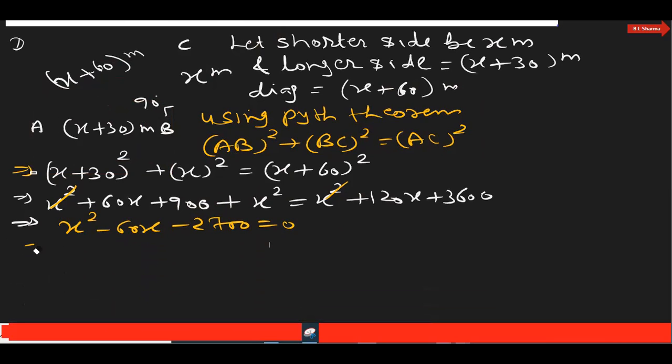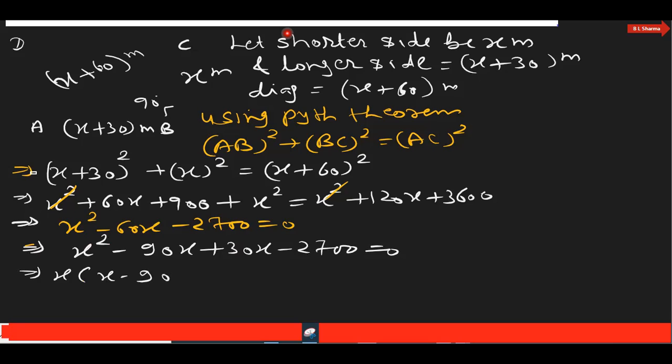Yes. So on further solution, that is x square minus 90x plus 30x minus 2700 is equal to 0. x common, x minus 90, 30 common, x minus 90 is 0.